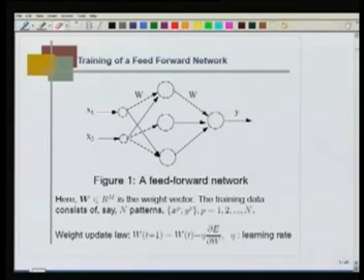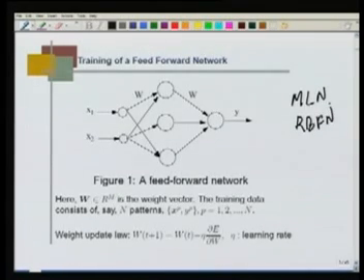So, it is a feed forward network. This feed forward network can be a multi-layer network or RBFN network. There are various architectures of feed forward network. It can be a multi-layered network, it can be a radial basis function network.